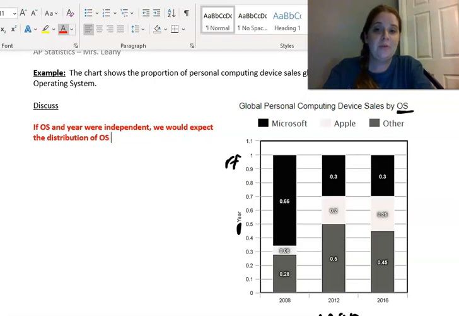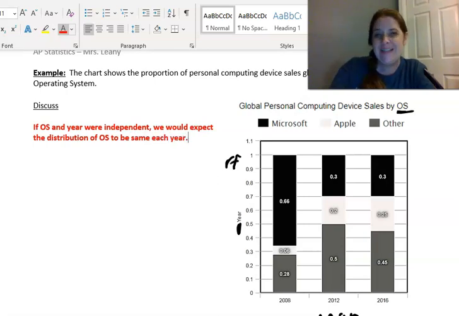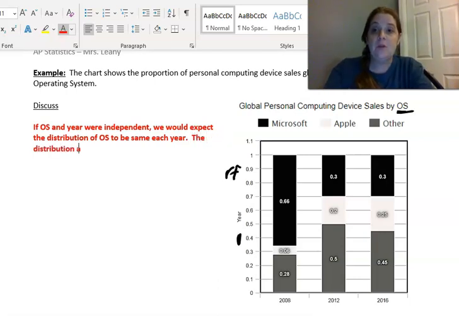The distribution of operating system to be the same each year. Now, you don't really want to say it if you can help it, because that's very non-specific. So the distributions are not the same.